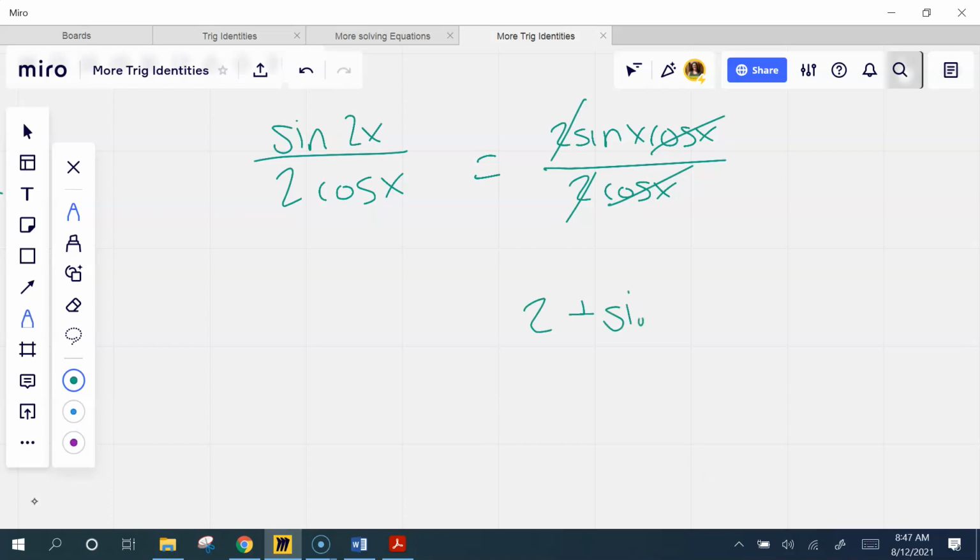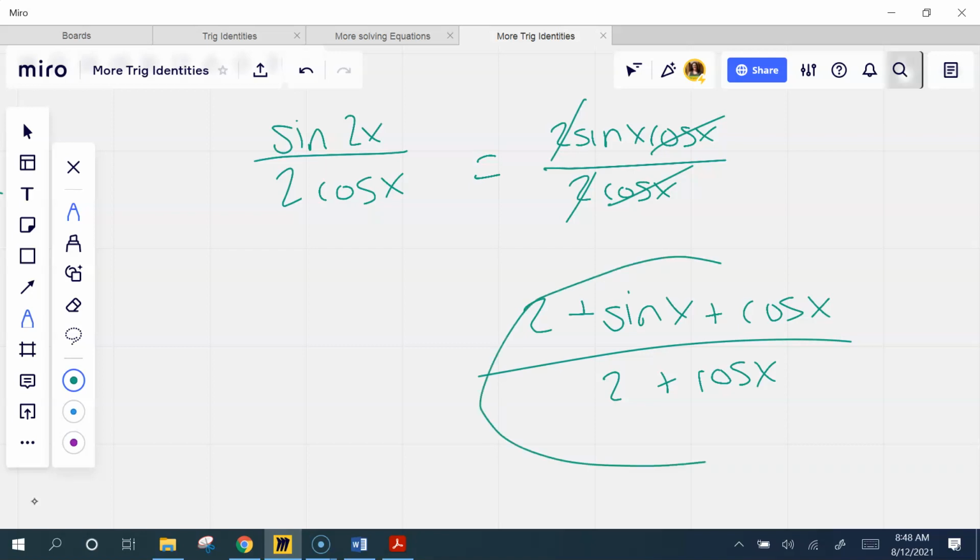If you see this, nothing is canceling. Remember, we're only canceling because we're multiplying. If we start adding and we start canceling, we start killing kittens, right? None of this would cancel here. You can't cancel any of that. Why not?